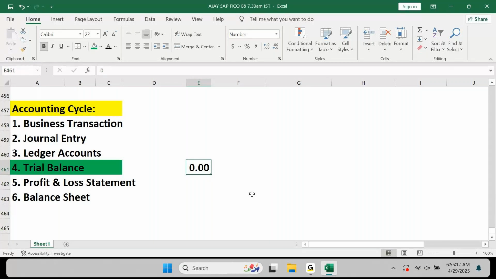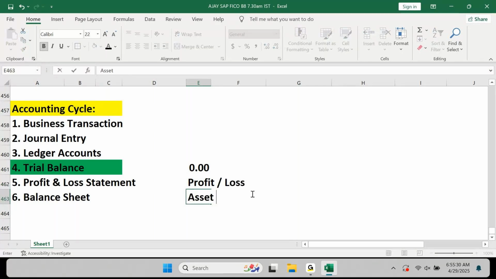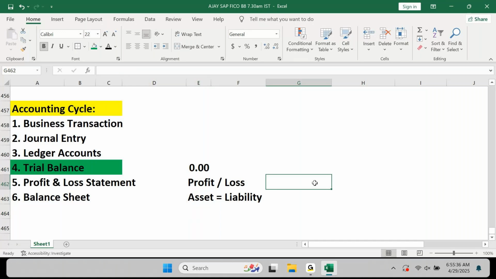If my TB is 0, my P&L will give either profit or loss. Then balance sheet, asset is equal to liability. All these things are happening with the help of my TB. If I have TB, I can do all the things.